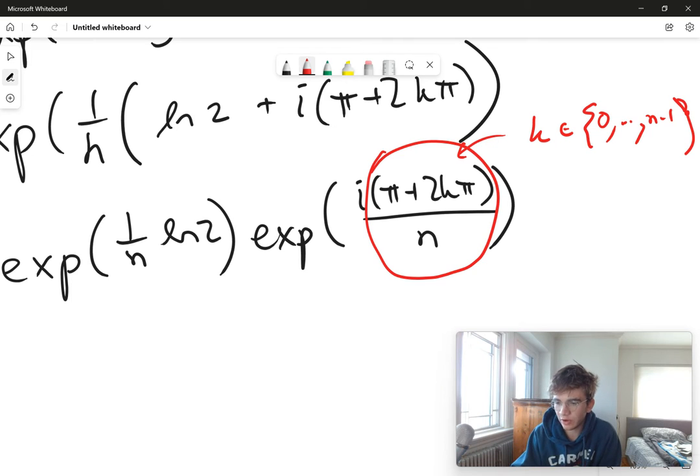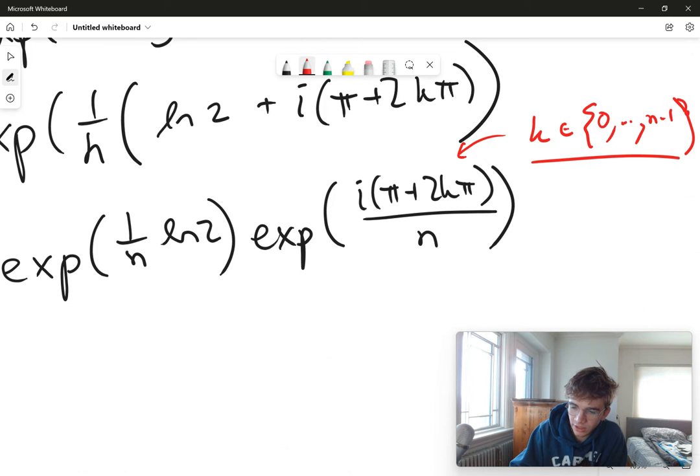Because you'll notice if I plug in k is equal to n here, the ends will cancel, and I'm just going to be adding 2 pi to the angle, which isn't changing my number at all. So because of the 2 pi periodicity of the complex plane with respect to the argument of the imaginary exponent, we know that this number will only take n distinct values, and I could just restrict k to the set 0 going to n minus 1.